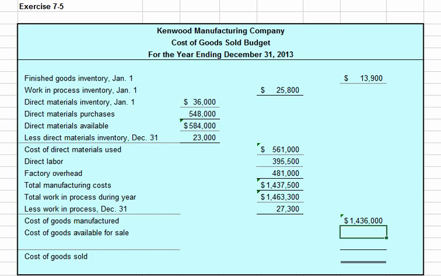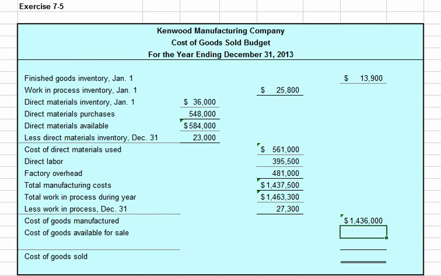$1,436,000. Now, we'll take that and add it to our beginning finished goods to get cost of goods available for sale during the year. So what we had in finished goods inventory to start the year, plus the finished goods that we manufactured during the year, we're calling it here cost of goods manufactured.